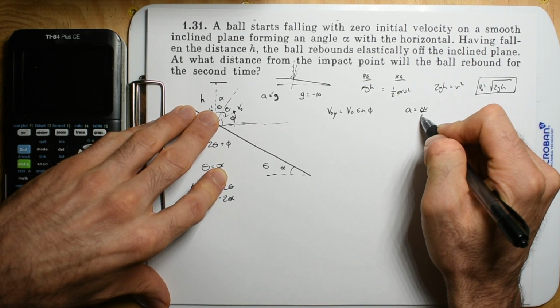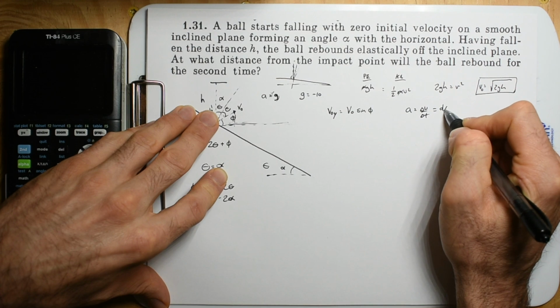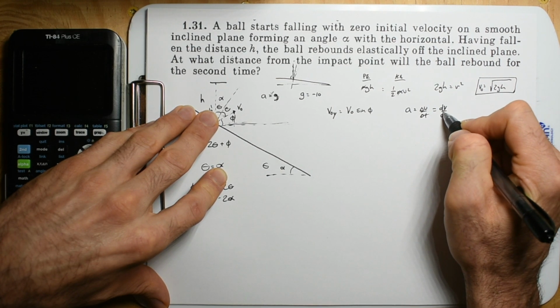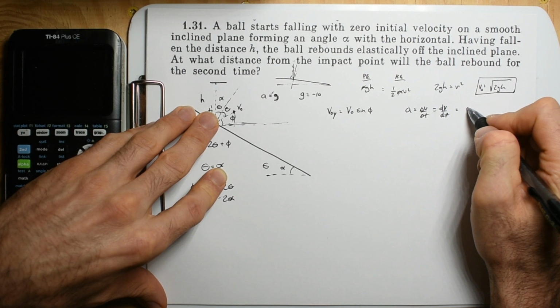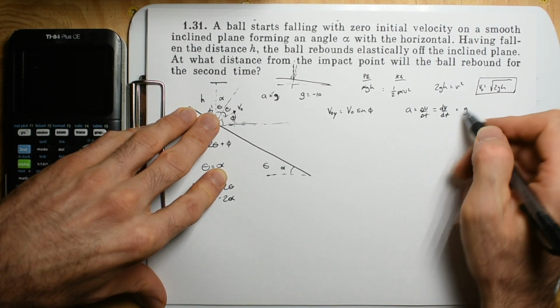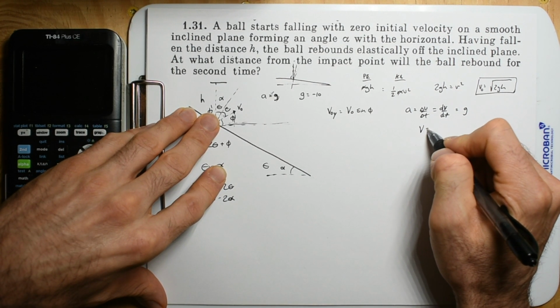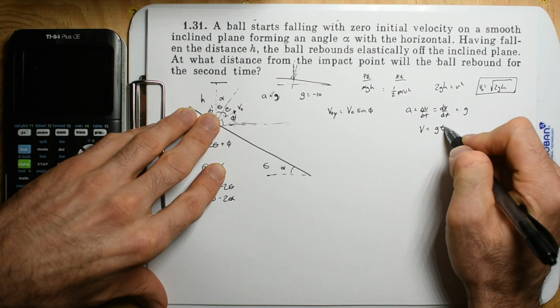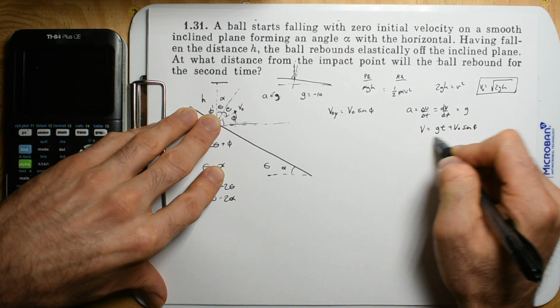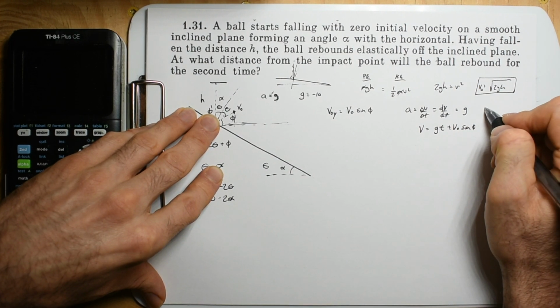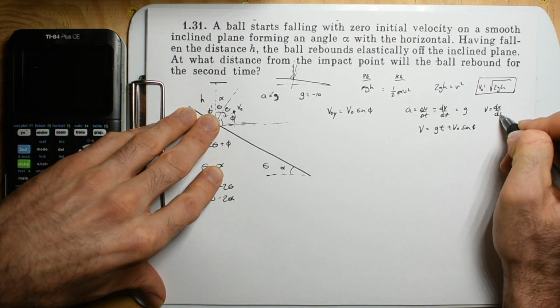Acceleration is change in velocity over change in t, which is dv dt. Separate variables, and we say this is equal to g. So we get an equation for velocity: v equals gt plus the initial velocity, v naught sine phi. Integrate again. Velocity is dx dt.